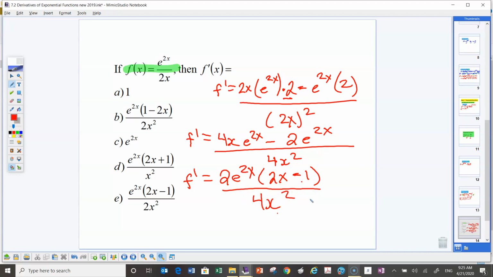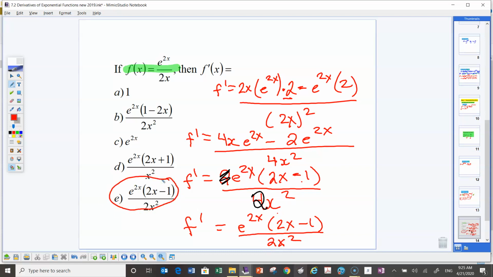And now you can see we're getting closer to some of these answers. The last thing I can do is simplify this 2, we'll divide into this 4 twice, and that should be my final answer. So f prime is going to be e raised to the 2x times 2x minus 1 all over 2x squared, and that matches up to the answer of e.